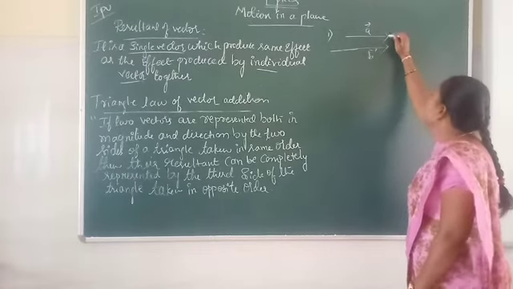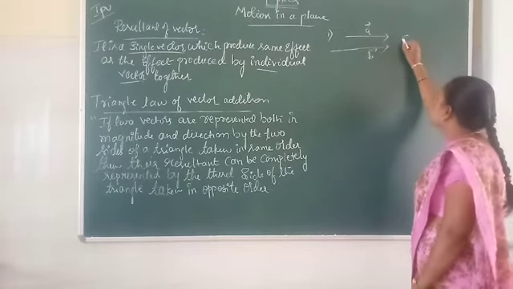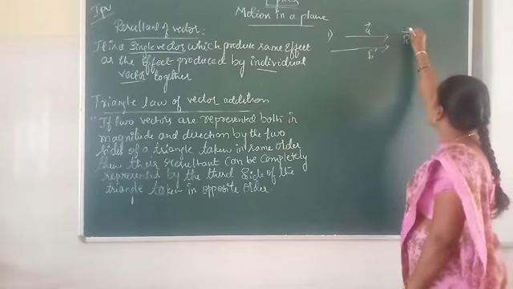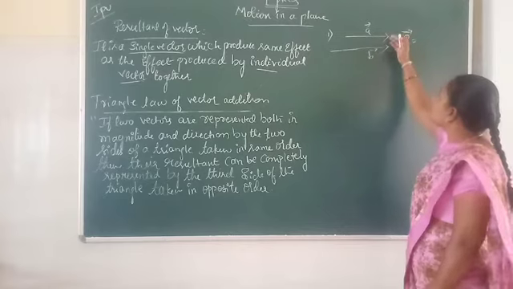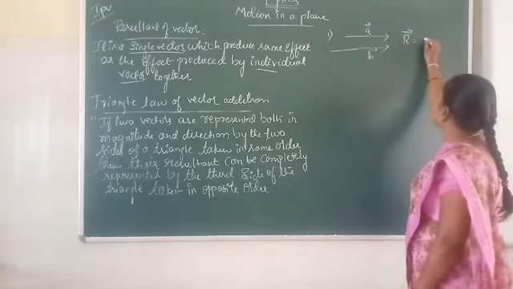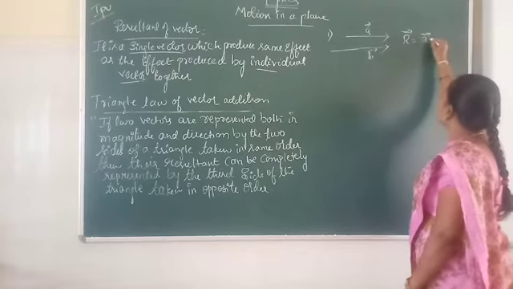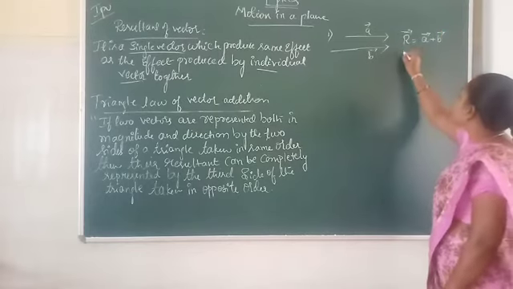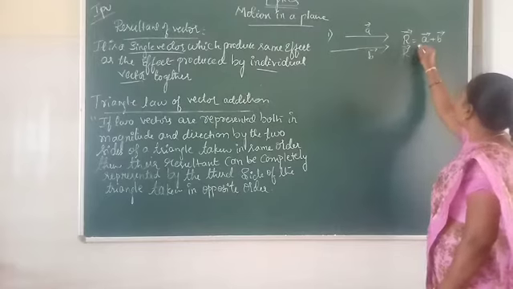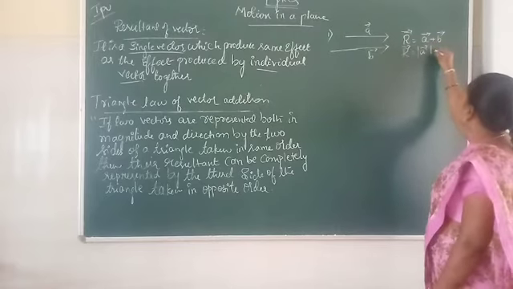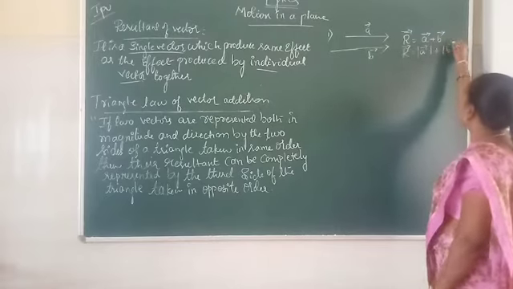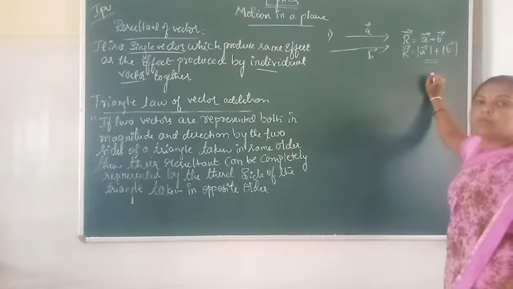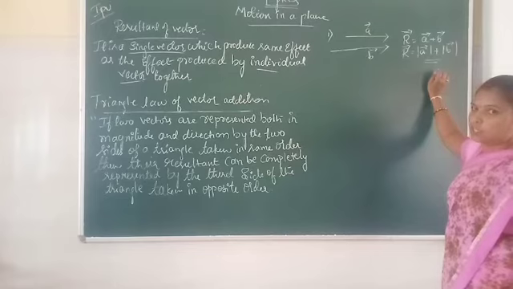Let R be the resultant vector. When they move in the same direction, R equals vector A plus vector B, and its magnitude is the magnitude of A plus the magnitude of B. That is when the two vectors move in the same direction.